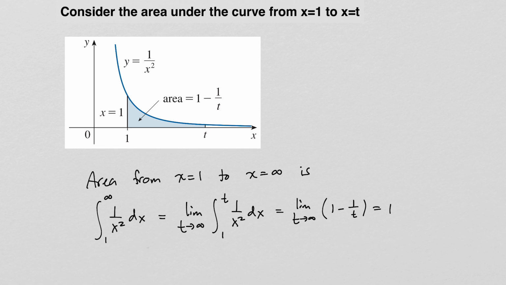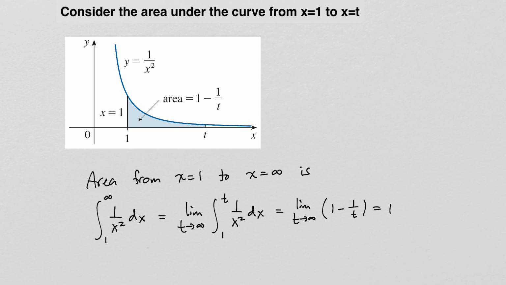If I want the area from 1 to infinity, we would take the integral from 1 to infinity of our function. We're going to define this as the limit as t goes to infinity of the integral from 1 to t. Now again, we know that this integral here is 1 minus 1 over t, according to our previous work. And now as we let t go to infinity, this answer comes up to be 1.